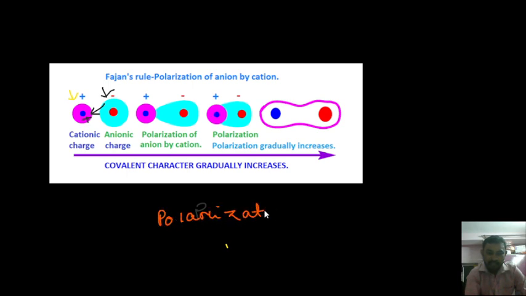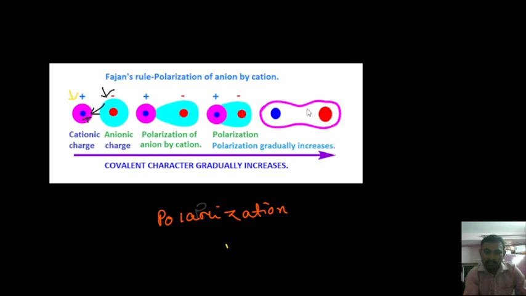Polarization, or electron deformation of the anion, happens by the cation's positive charge. Due to this polarization, the electron density of the anion is pulled towards the cation, and in several steps it goes completely into the electronic region of the cation.